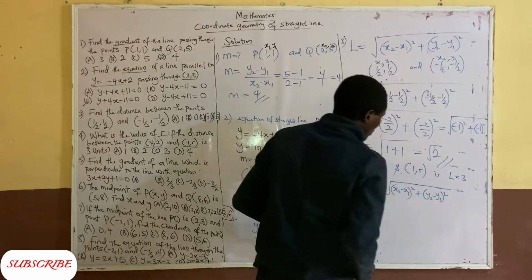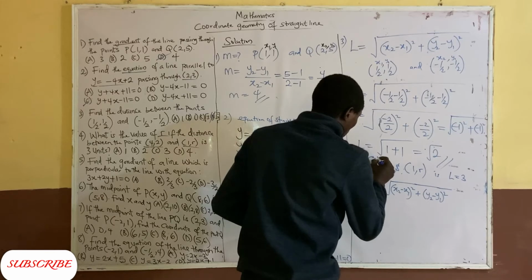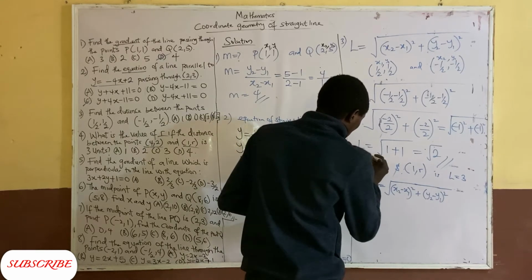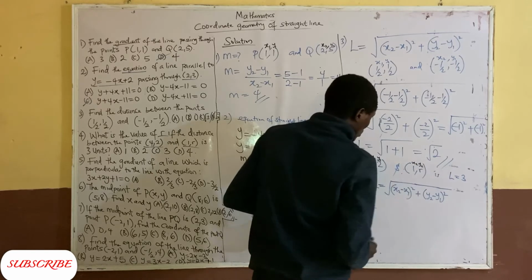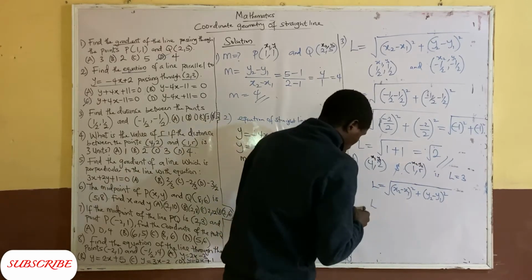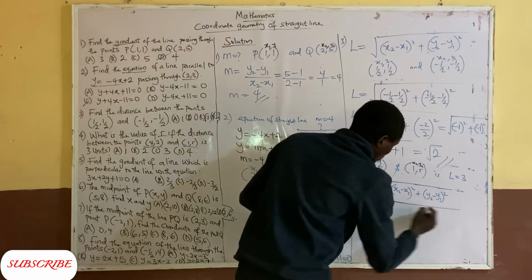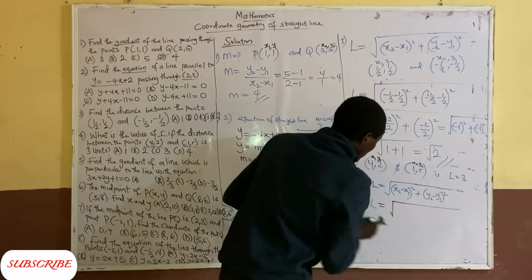So we label this one as X1, Y1, and this one as X2, Y2. Substituting the values, L is equal to 3.